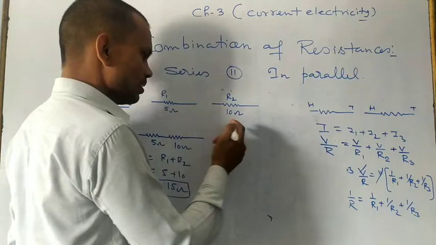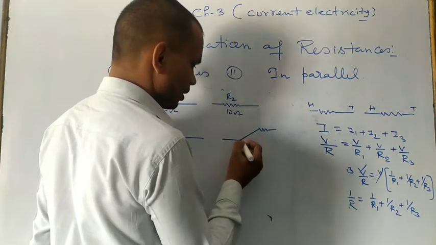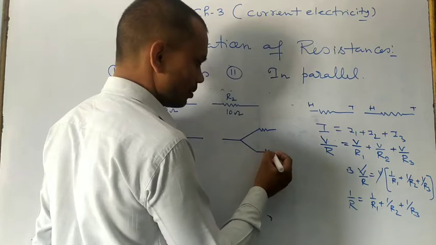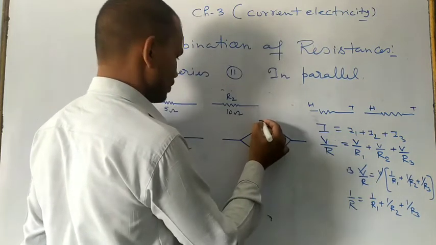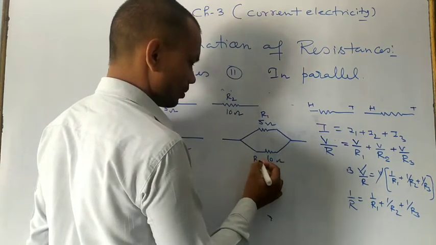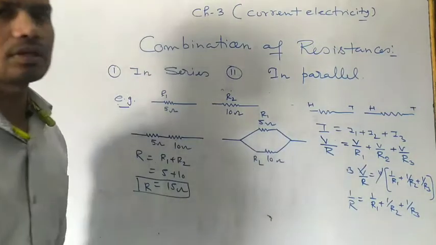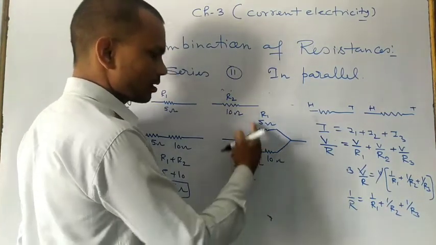But if we connect these two resistors in parallel, all the resistances are connected only between two endpoints, like that. Suppose this is 5 ohm, R1, and this is 10 ohm, R2. Now in this case you have to find the equivalent resistance. Suppose this is R, the equivalent resistance of both.